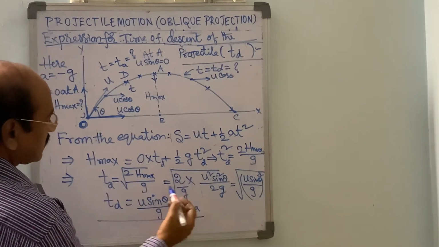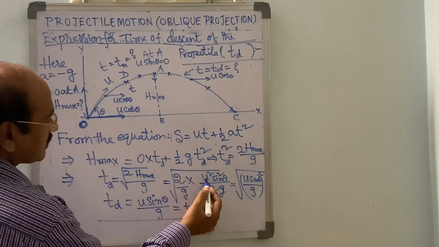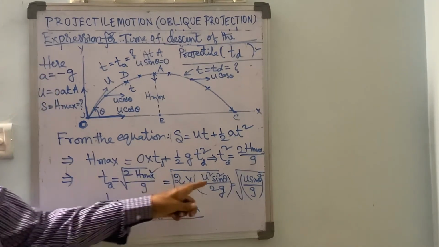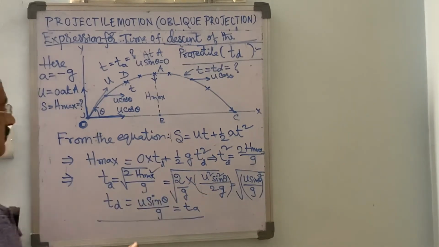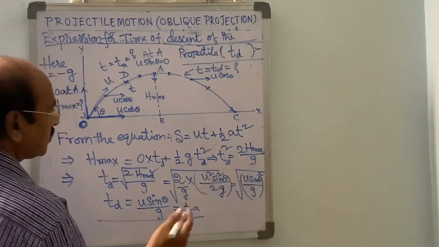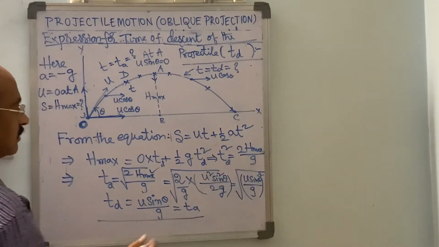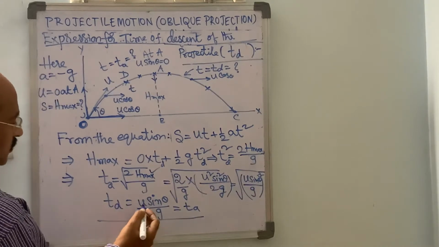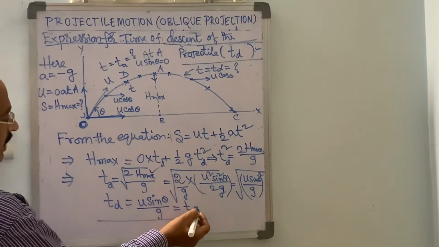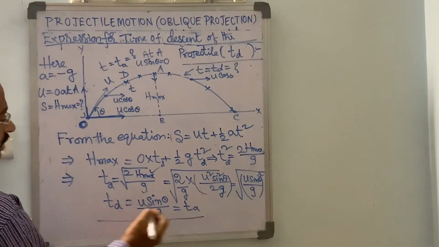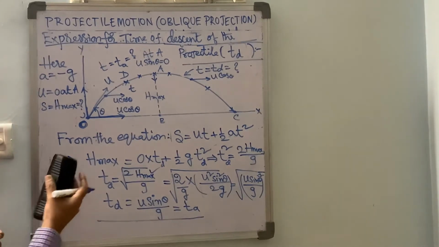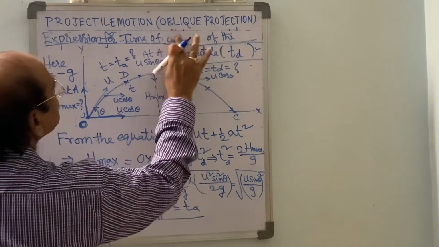This can be written as 2 by g into the h maximum value, u square sin square theta by 2g. The 2 gets cancelled, and this can be written as u sin theta by g whole square. So square and root get cancelled, and therefore td is u sin theta by g. This is nothing but the time taken to reach the maximum height, the time of ascent. Therefore, td is equal to ta. Now we can derive the expression for time of flight.